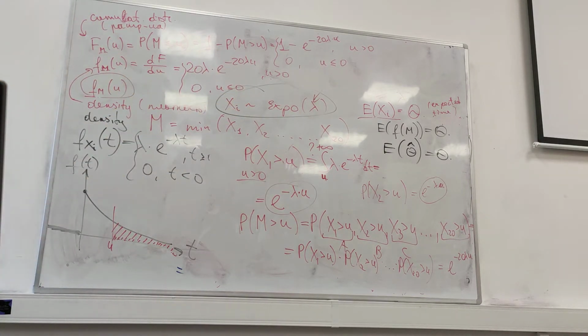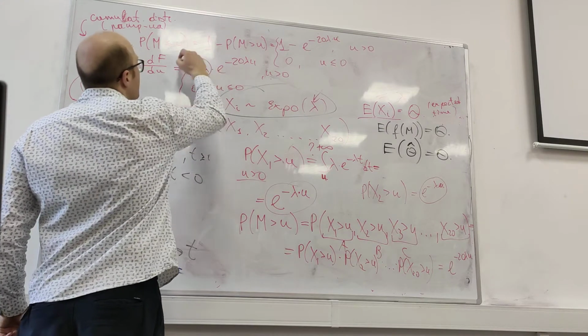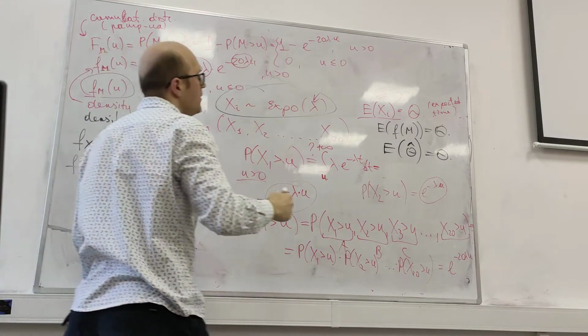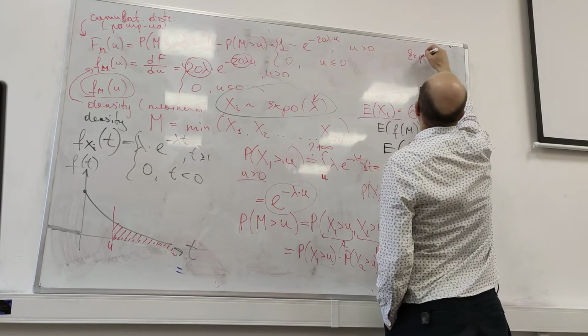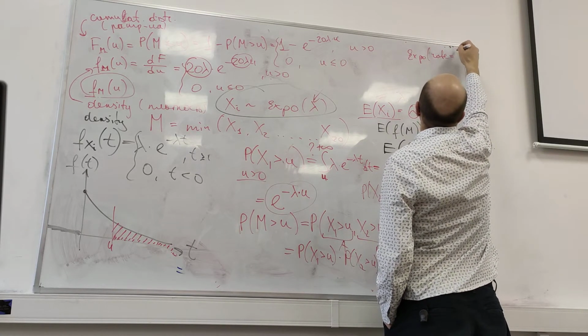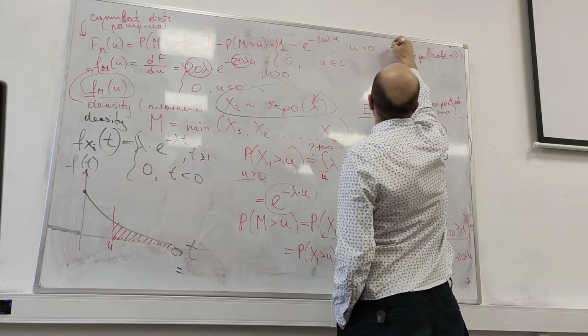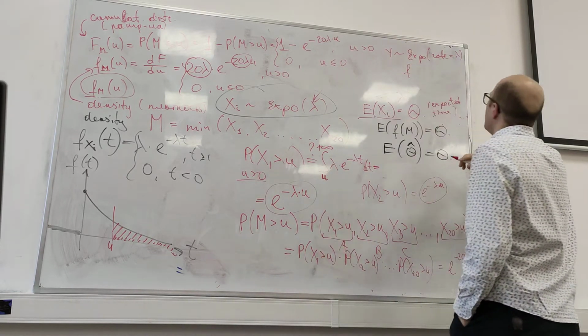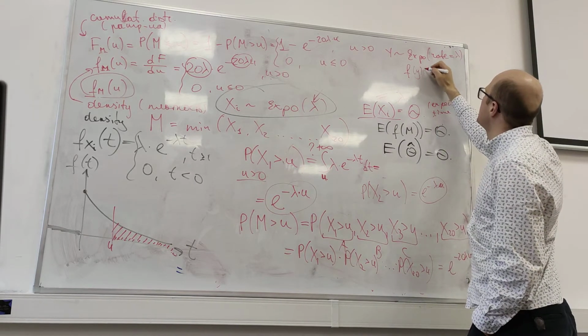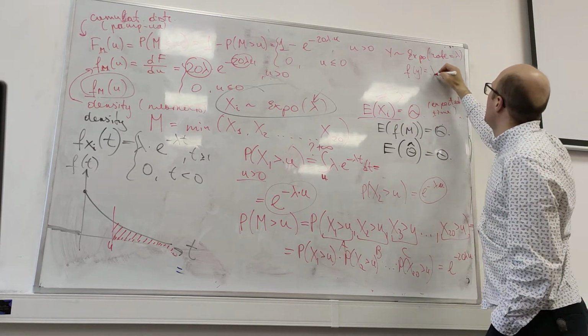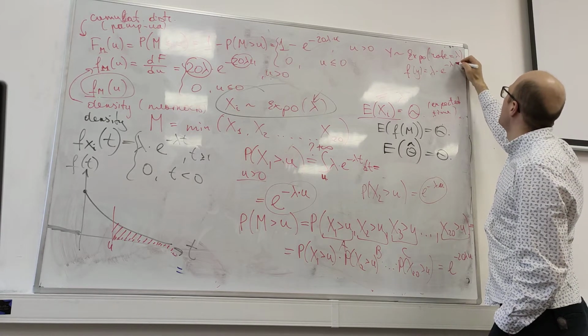If you look carefully at this density function, which distribution does m have? Exponential, because if you have some variable y that is exponential with rate lambda, then the density function is lambda times e to the minus lambda y.